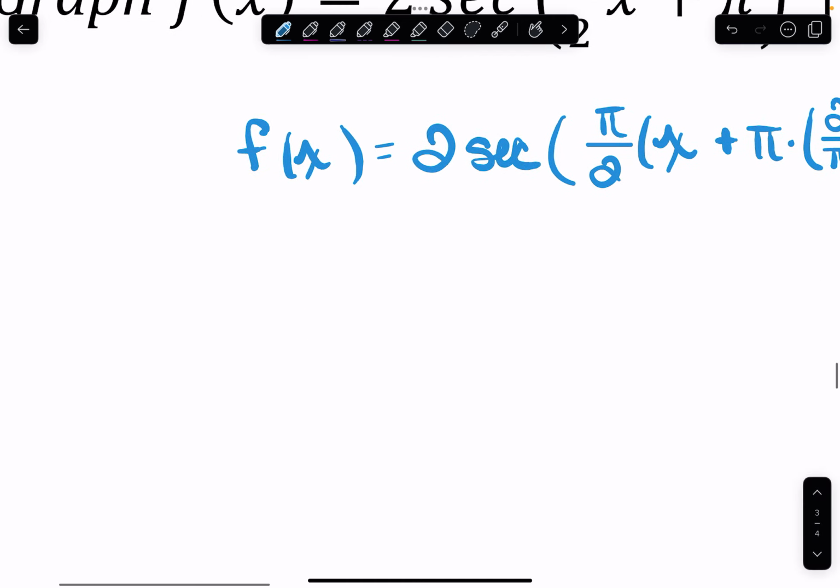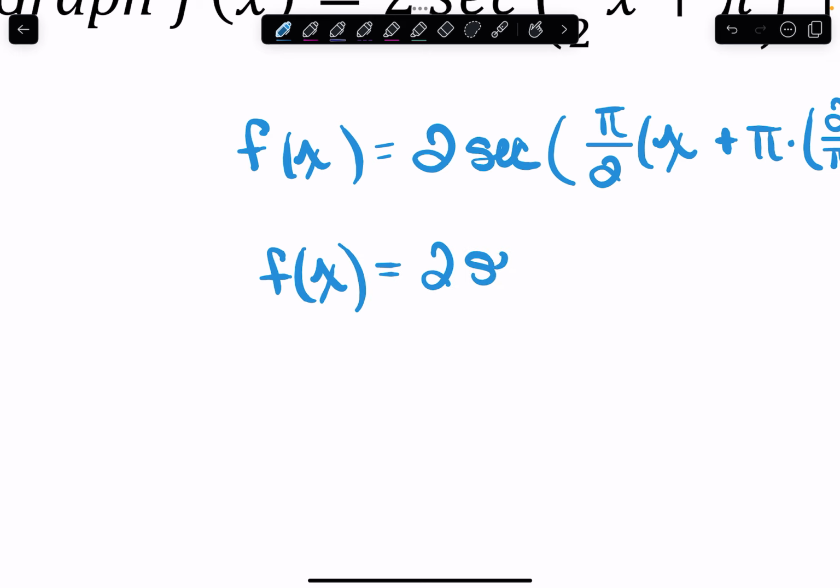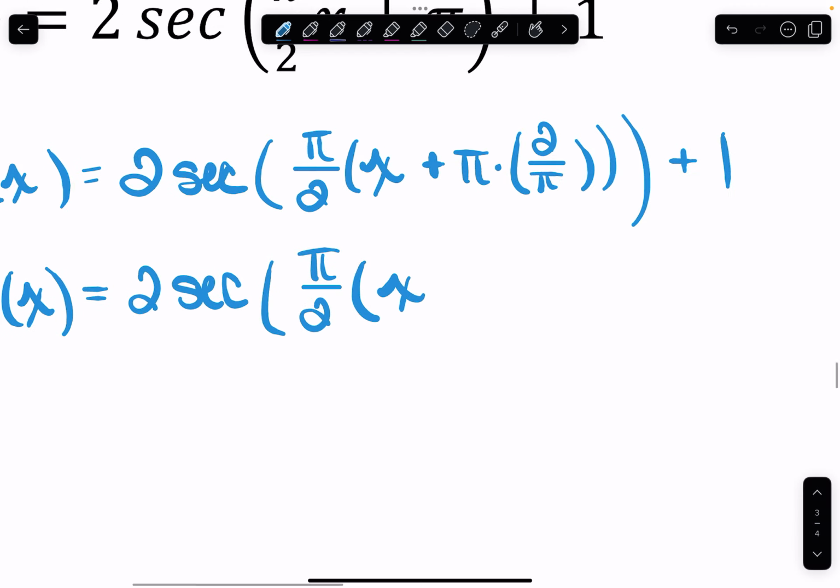Clean up the inside. So f of x is 2 secant of the quantity pi over 2 times x plus 2, close, close, plus 1.